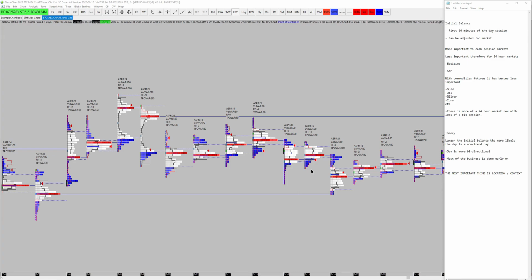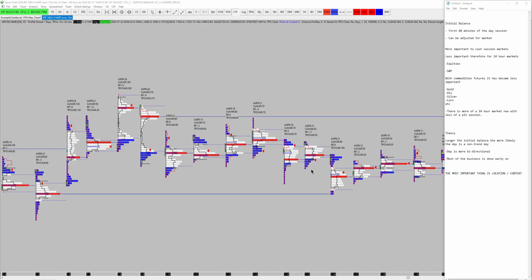It's not a 24-hour market. So the initial balance, by definition in that case, would be better for something like equities, right, or the S&P. With commodity futures, it's become less important because those markets were not 24 hours and still technically are not 24 hours, but they are moving more in that direction. Okay, so there's less separation with regard to that market than there was previously.